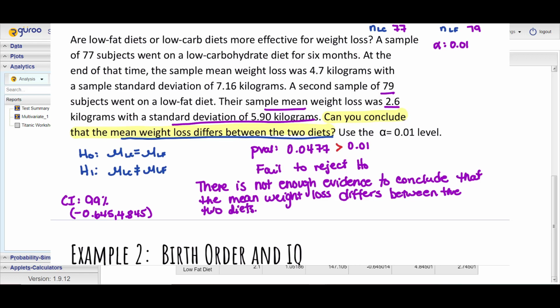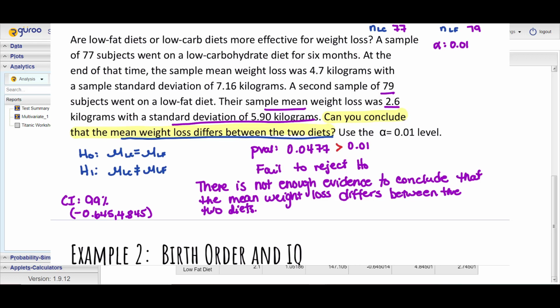All right. So we can't say that there is a difference, which means they might be equal. We can't say that either because we're not allowed to accept the null. But we know we don't have enough evidence to say that they are different.